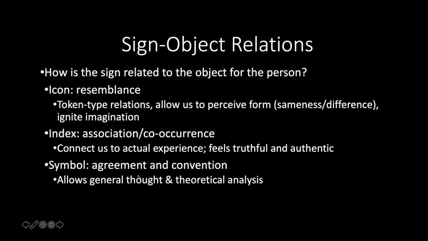So remember that symbols are powerful because they come from a place of just general agreement. They're generalized thoughts. They allow us to theoretically analyze things. It's the reason why you can read the text on this screen is because you're making symbolic connections, right?